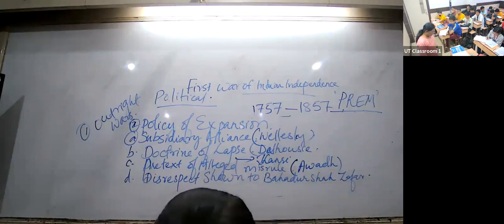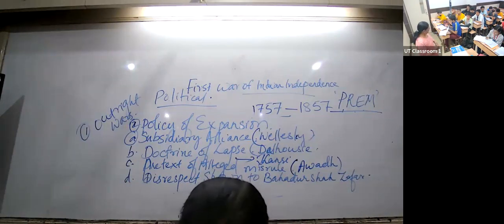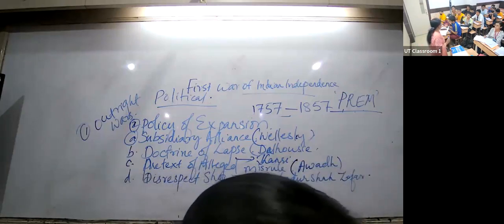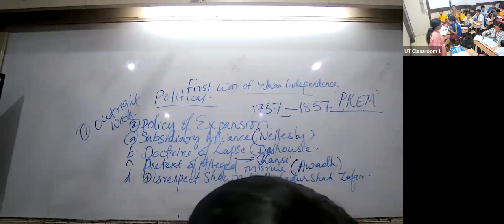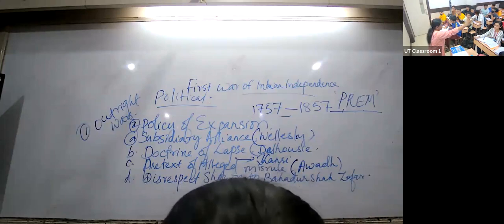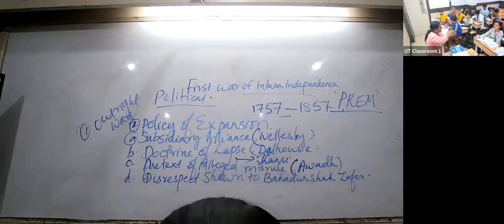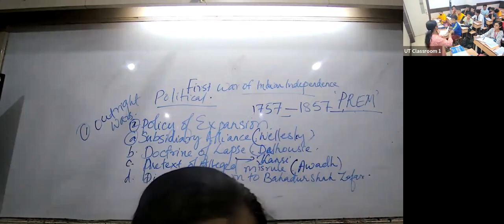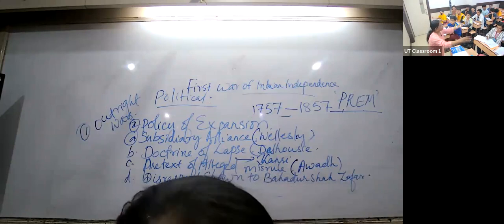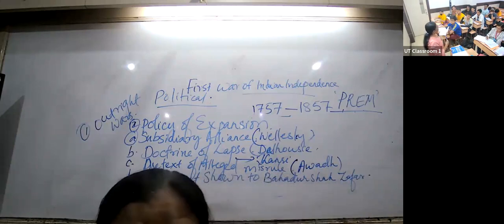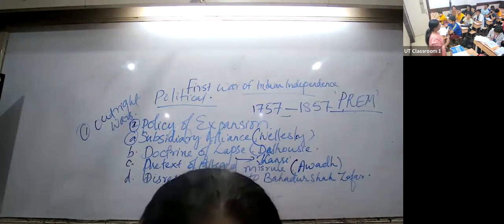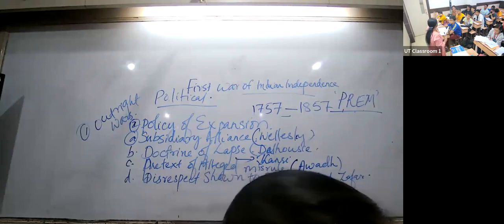The next point is the absentee sovereignty of the British. What is absentee sovereignty? India was ruled by the British government, and yes, they were far away. When the Mughals came, they settled in India and became part and parcel, so it was very easy to look after it. But the British were ruling from thousands of miles away, so they didn't have any responsibility.